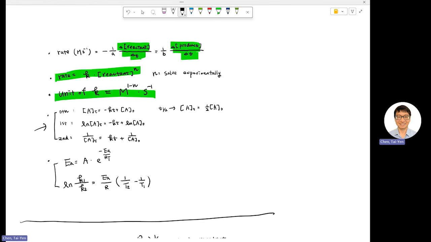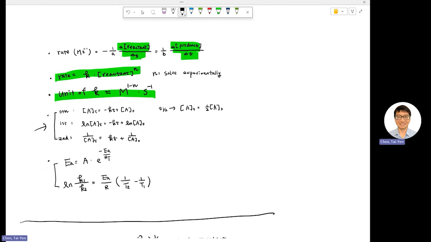The key is this: if you see keywords like how long it takes, or the concentration is a certain number at a certain time, then once time is shown in your question, that is when you need to use the integrated rate law.